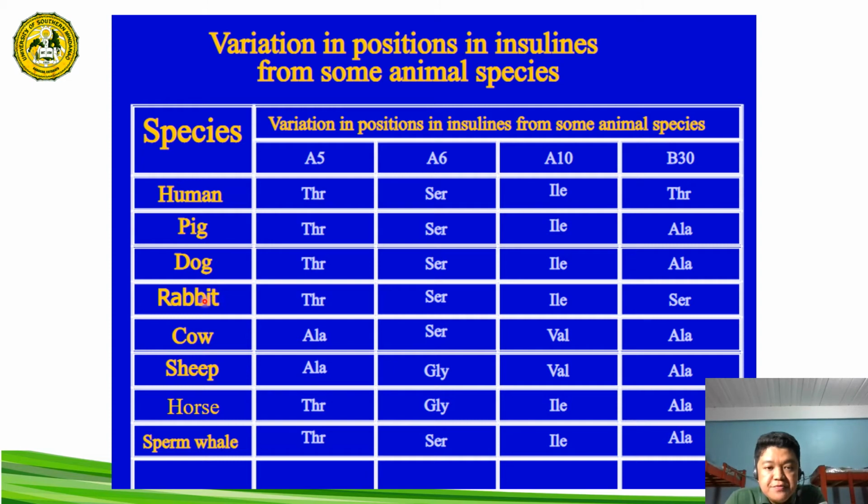So the same is true for rabbit. They are almost the same as that of dog, pigs, and humans, but it only differs on the B30 residue or amino acid.